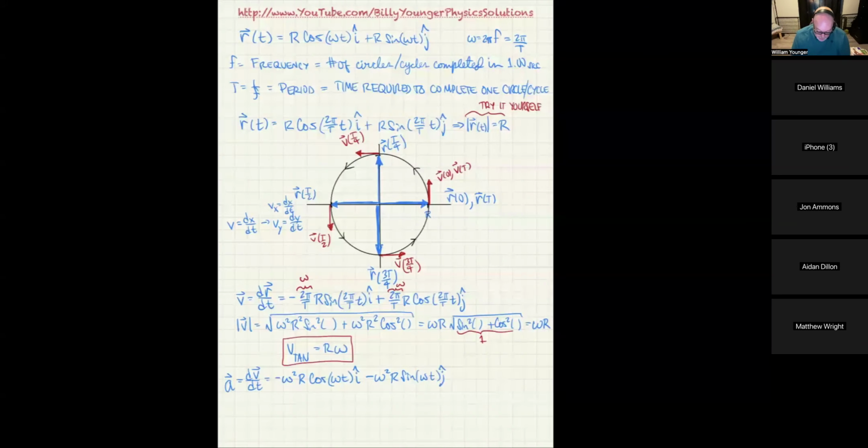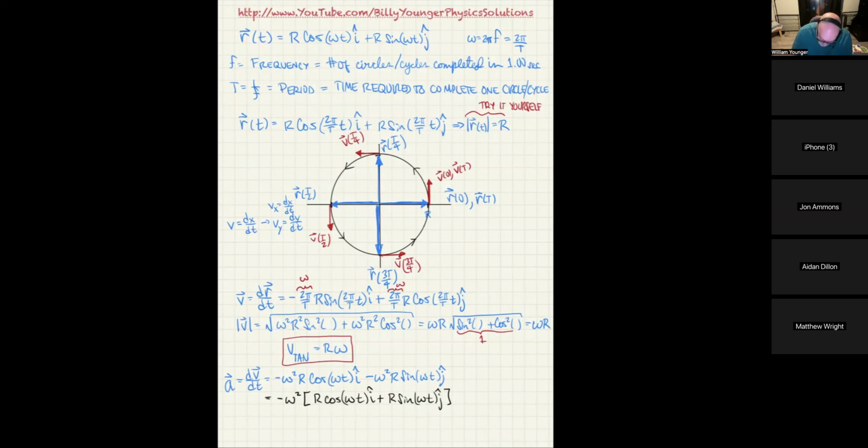Now, if you wish to plot that one, if you try t equals 0, well, we don't even have to jump there. Just notice that this looks exactly like, let's say, negative omega squared times r cosine omega t i hat plus r sine omega t j hat.